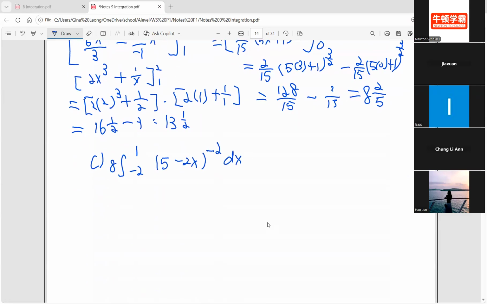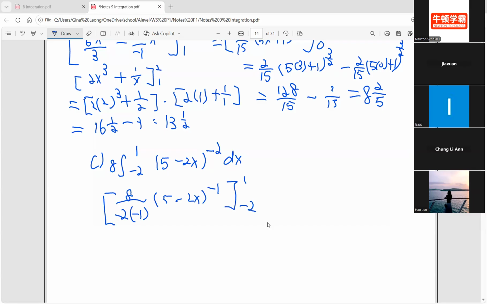Once I already change everything, then I can start to do. So I put like this. The same case, the 8 you can put outside or the 8 I put here also can. Doesn't matter, it's the same thing. Then this one I need to divide by the derivative first. I get negative 2, then plus 1, so negative 1. 5 minus 2x to the power negative 1, over negative 2.